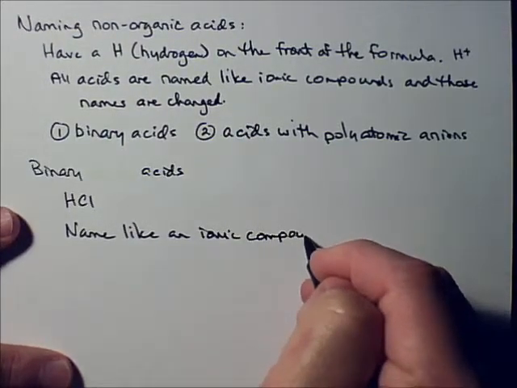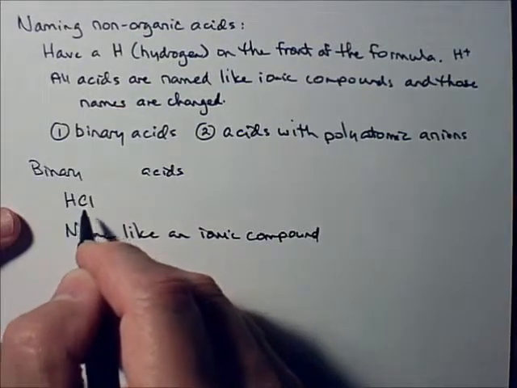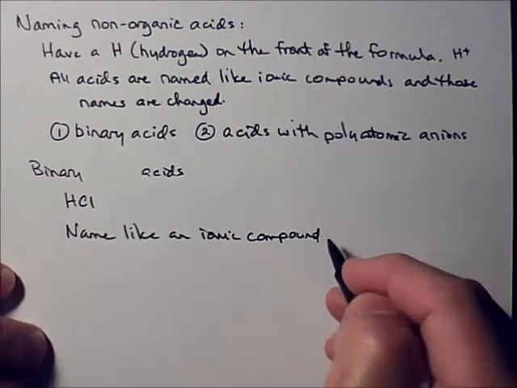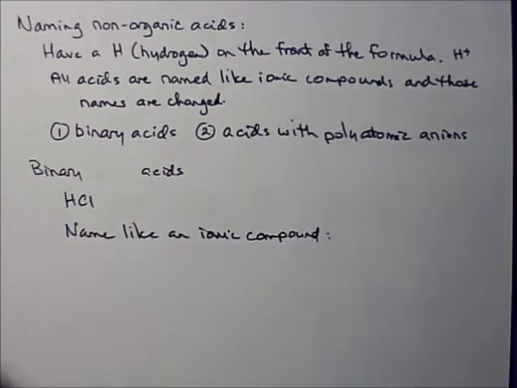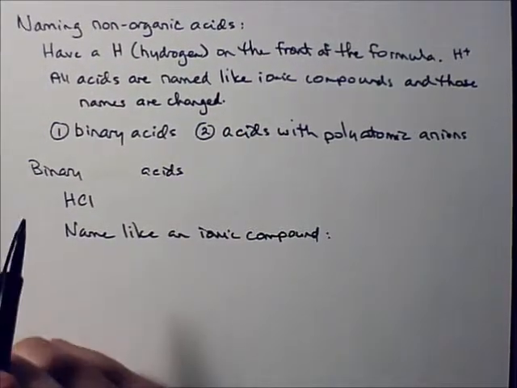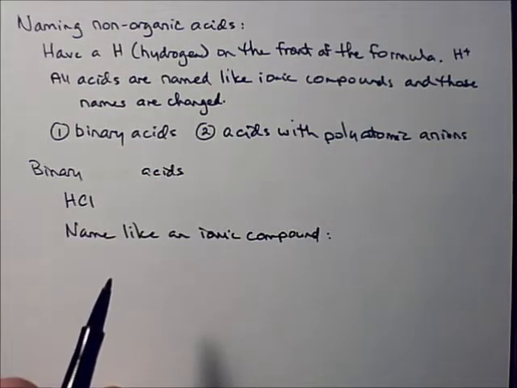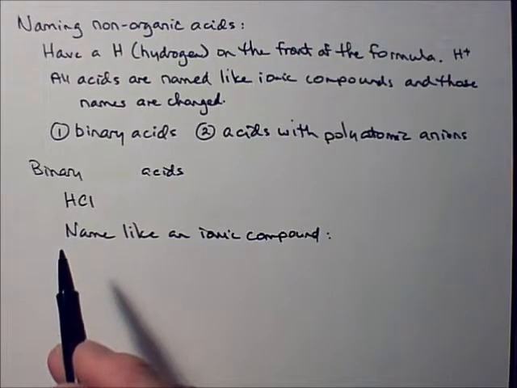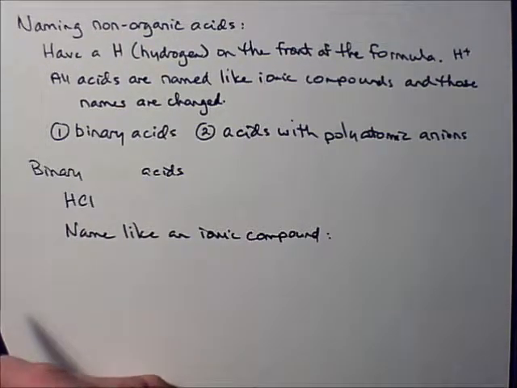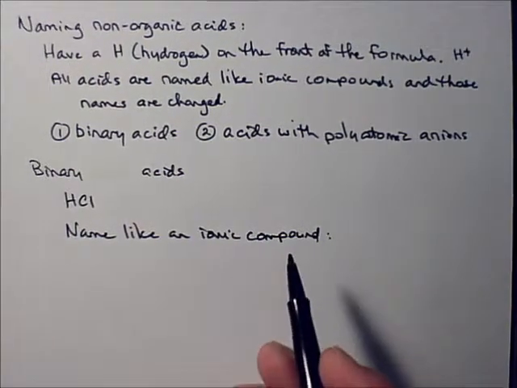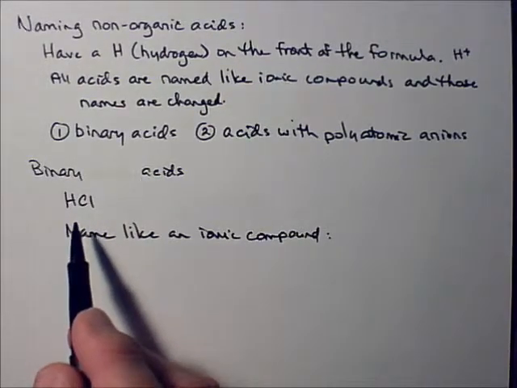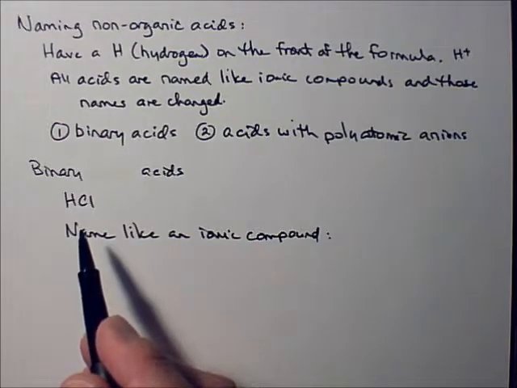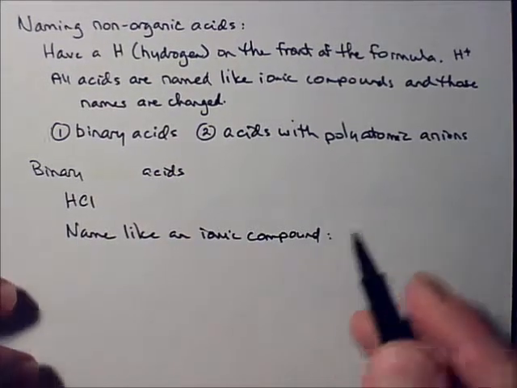HCl: capital H, capital C, small l. If I'm going to name this like an ionic compound, we just spent a whole day on that. We learned some about ionic compounds in the previous unit. In fact, naming ionic compounds that are binary we learned in Unit 3. Well, we're not going to name it like an acid yet. We're going to name it like an ionic compound first. So what would we call this? Hydrogen chloride. Okay?